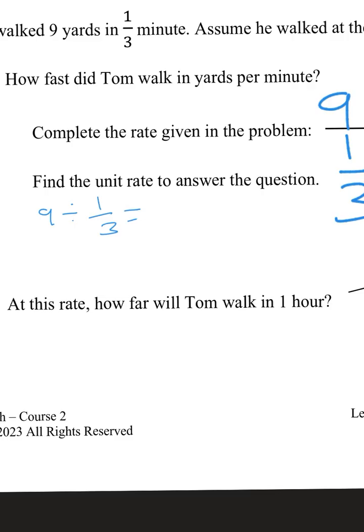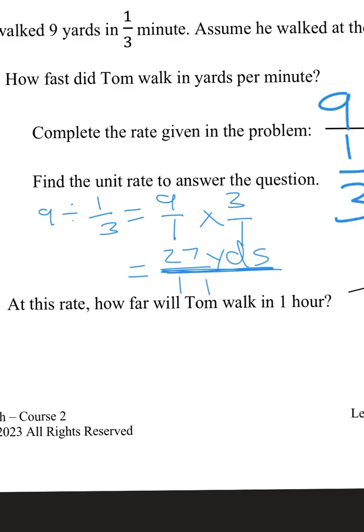So in order to do that, we're going to take the whole number, put it over 1, so 9 over 1. So keep, flip, change. Then at this point, we're going to multiply straight across. So 9 times 3 is 27. And then 1 times 1 is 1. So it's 27 what? It's 27 yards in or over 1 minute.